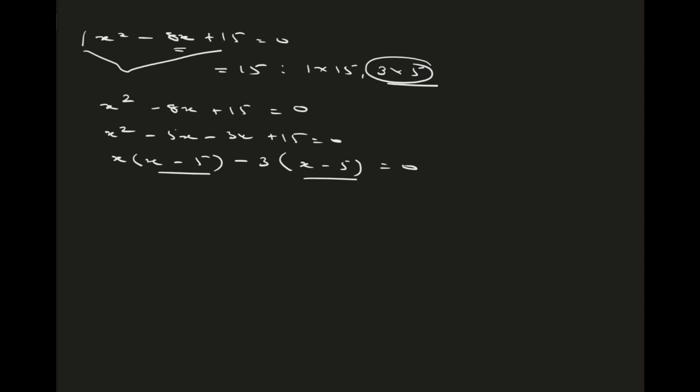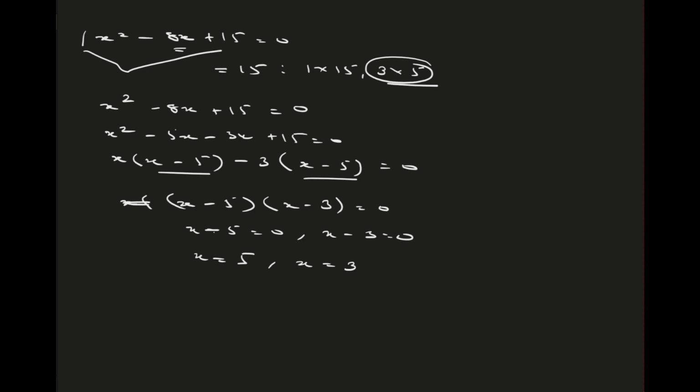Notice these are the same, so we factor out x minus 5, then x minus 3 equal to 0. So now any of these can be equal to 0. x minus 5 equal to 0, x minus 3 equal to 0. If you look at the first equation we did, we had to add 5, add 3 here. We're not going to go through that process again. Just check the first example. Then x is equal to 5, and here x is equal to 3.